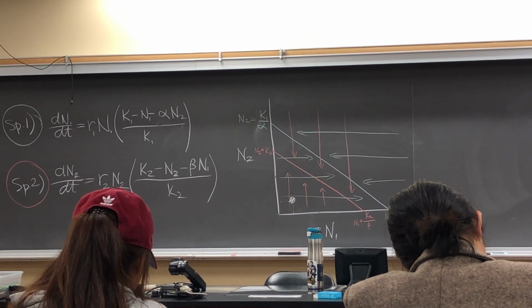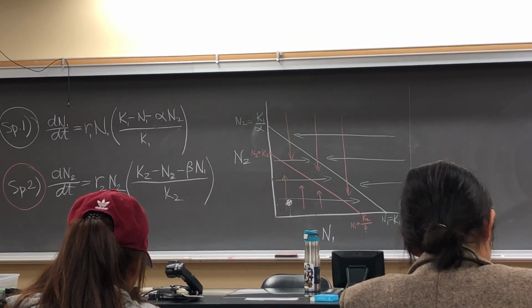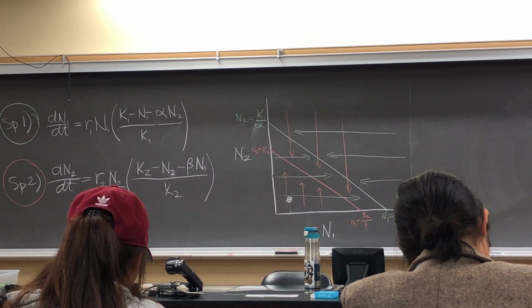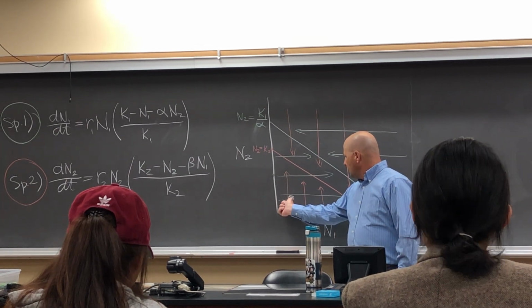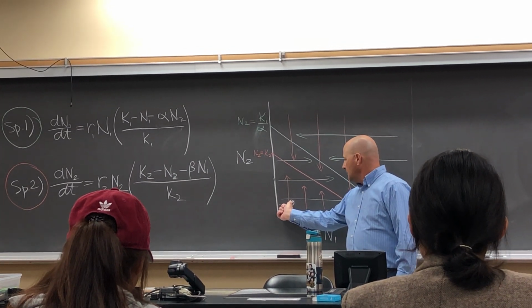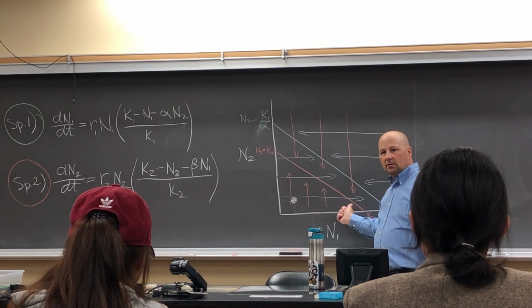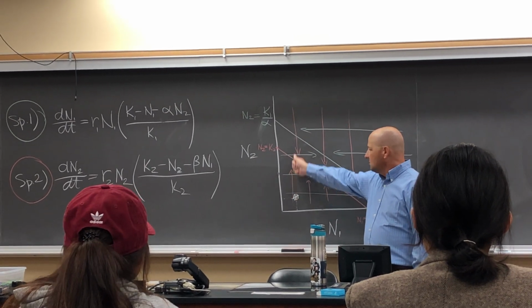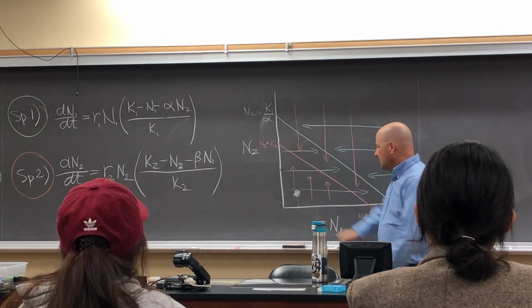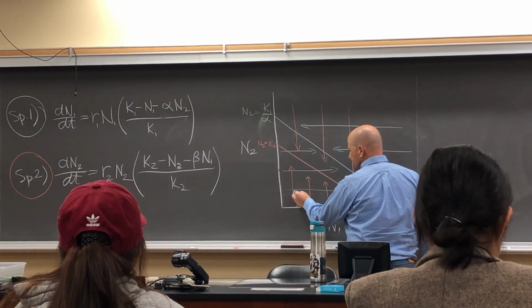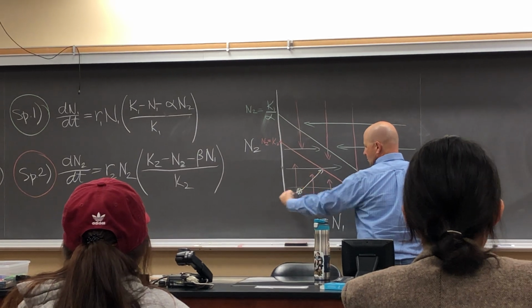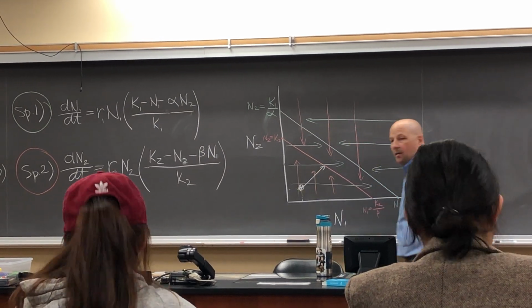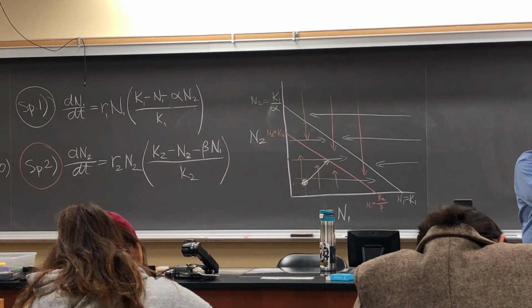Is it growing or declining? It's growing. So the size of N1 is going to be moving this way, and the size of N2 is going to be moving up that way. We'll draw a line like this. Both populations are growing.